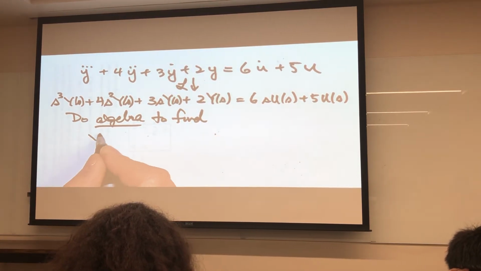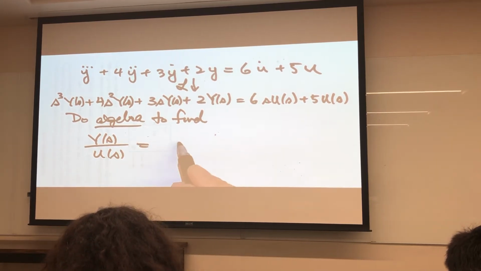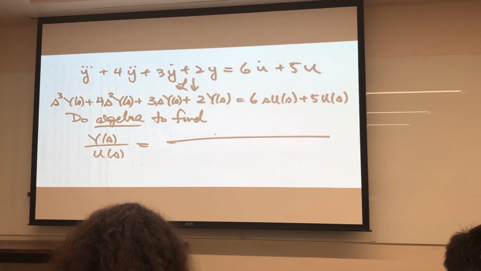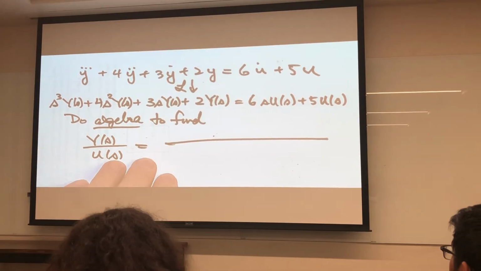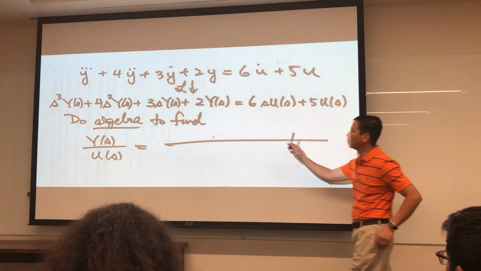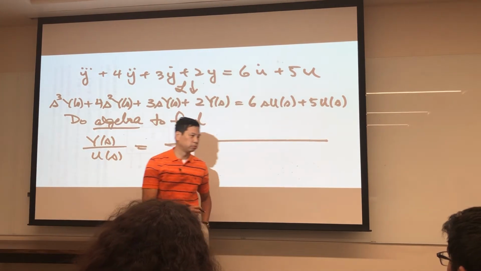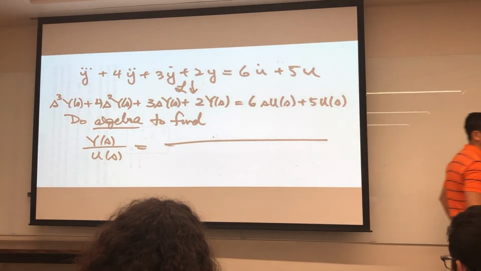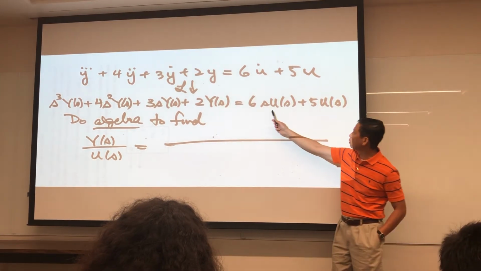And so the output over input is Y of S over U of S. It's a ratio, something over something else. Okay? So let's study this side for a moment and think about what algebra we can do.